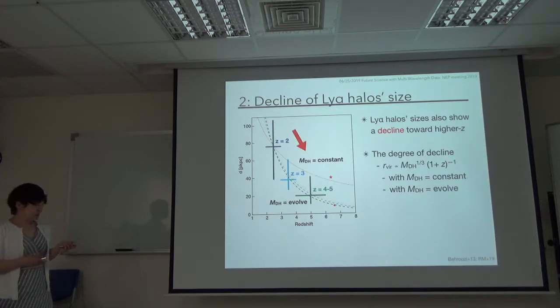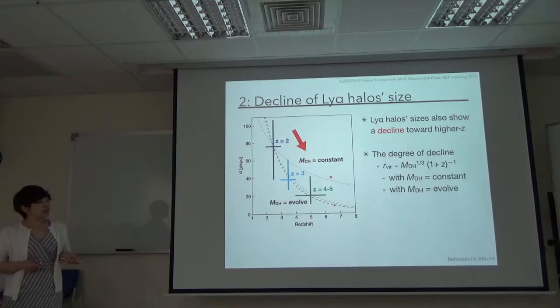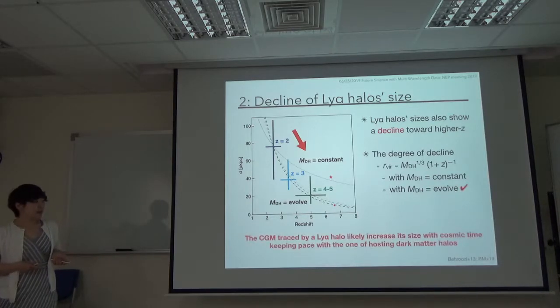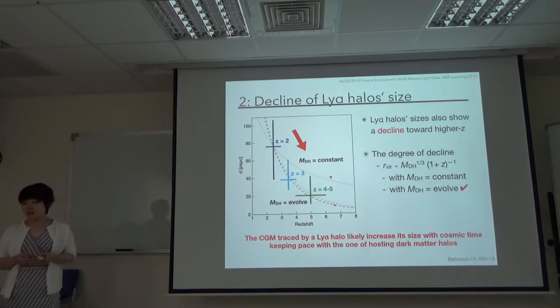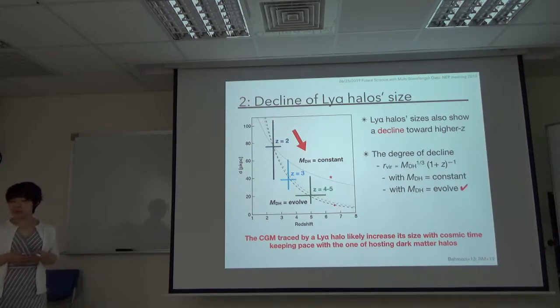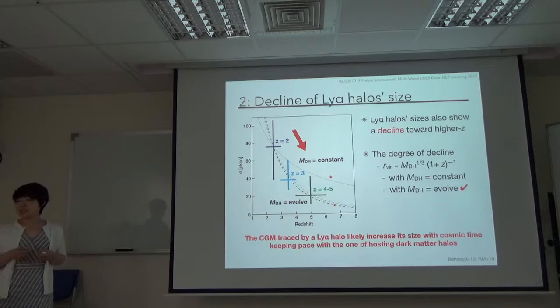So this result probably indicates that the CGM traced by Lyman halos likely increases its size with cosmic time, keeping pace with the growth of the hosting dark halos.